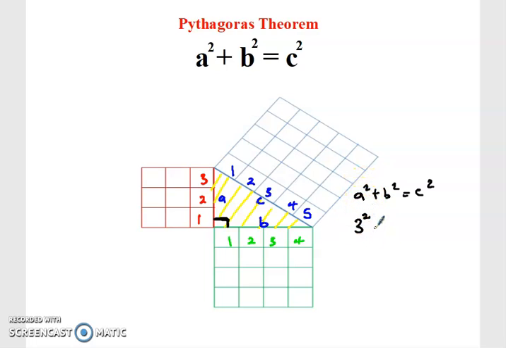So we square side A plus, what is B? 1, 2, 3, 4. So we put our 4, and the formula has a square, which is equal to C. What is C? 1, 2, 3, 4, 5. Put our 5, and remember they have to be squared.